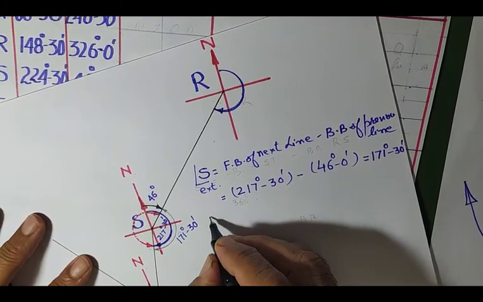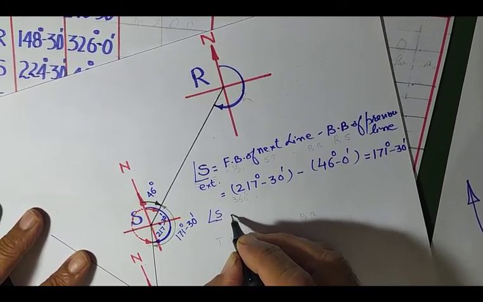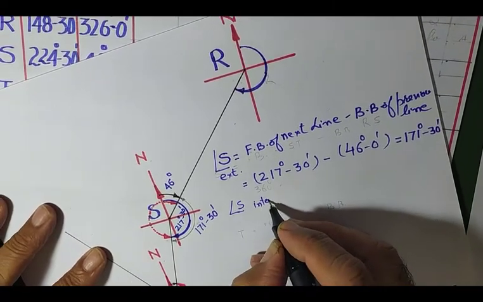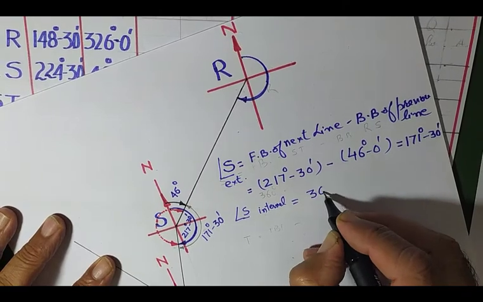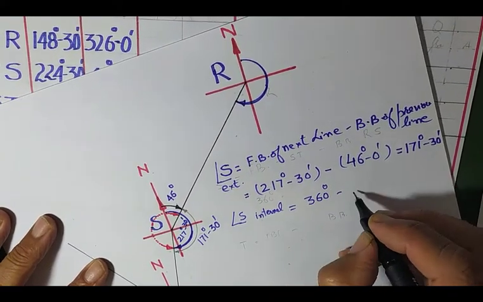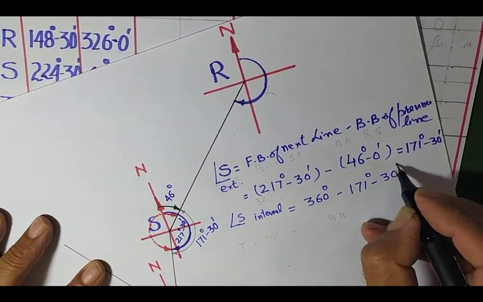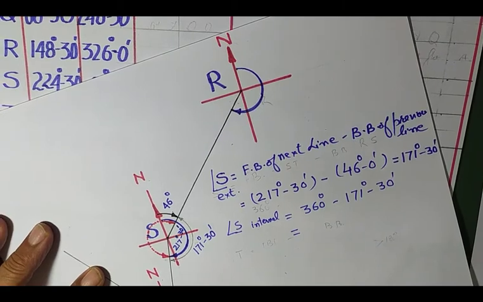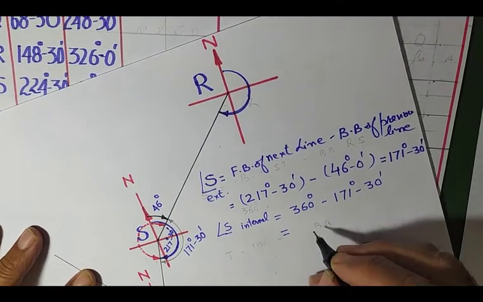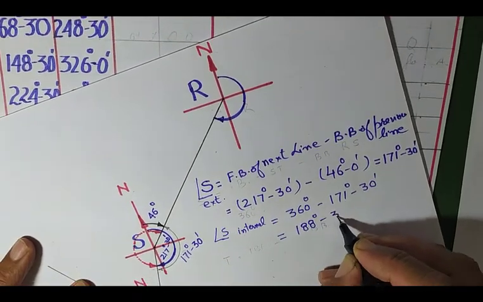So therefore angle S, you can write down, it is internal. This is equal to 360 degree minus 171 degree 30 minutes. So now we have calculated the angle S as 188 degree 30 minutes.